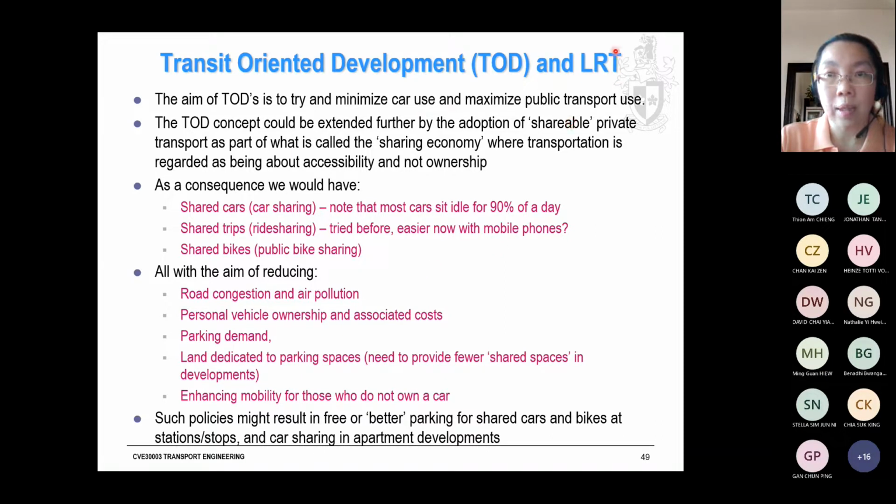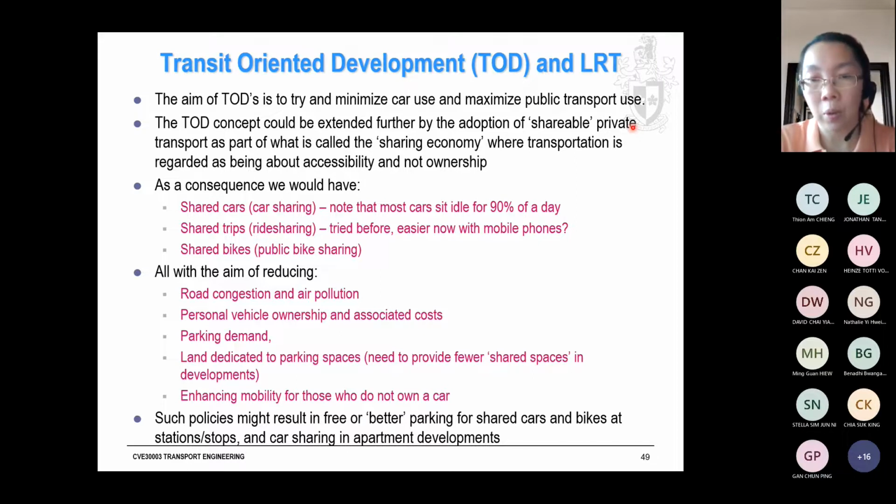So for LRT, usually the development is towards a transit-oriented development to minimize car use and maximize public transport use. Now, if you recall from the first few topics of this unit, I said that for demand and supply, we try to shift car drivers into not driving and into using public transport.